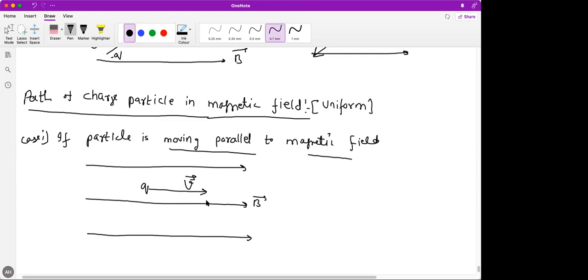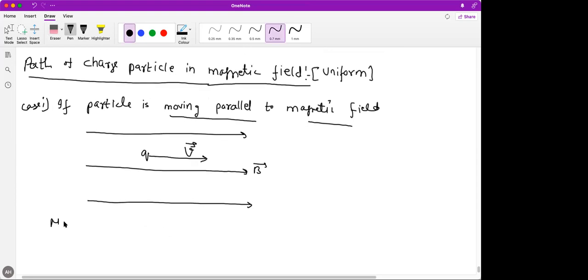How would you calculate the magnetic force on a charged particle? What's the formula for calculating the magnetic Lorentz force?